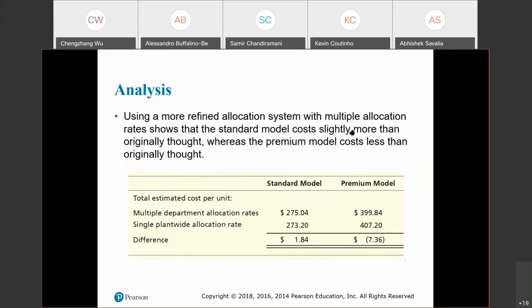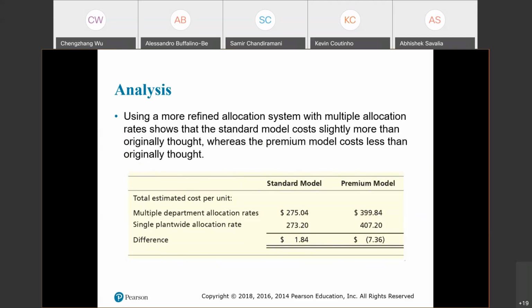Well, now that we have completed an estimated cost per unit using two different methods, let's compare the result.